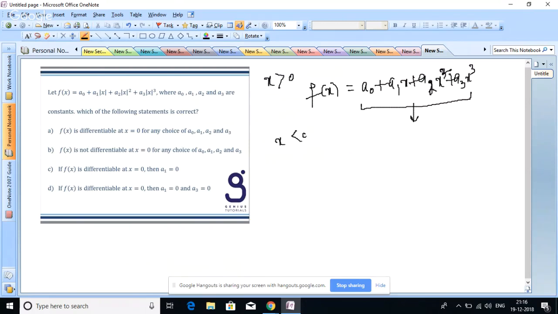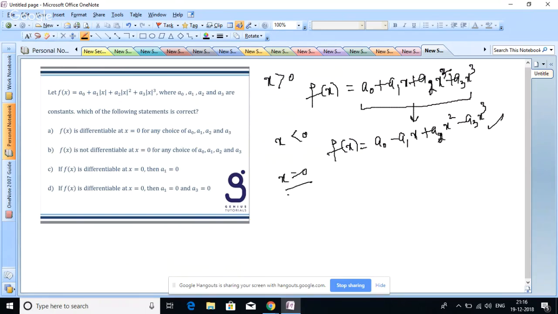Similarly, if x is negative, then f(x) would be a naught minus a1x plus a2x square minus a3x cube. This will again be a polynomial function, so this will be differentiable again. Okay. Now we have to look at x is equal to 0.